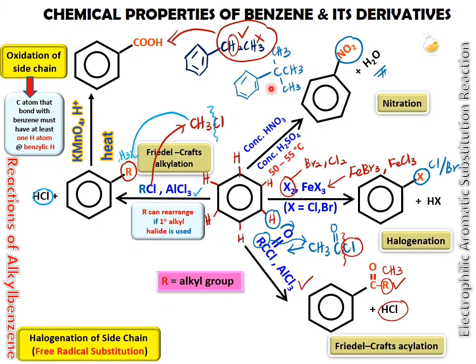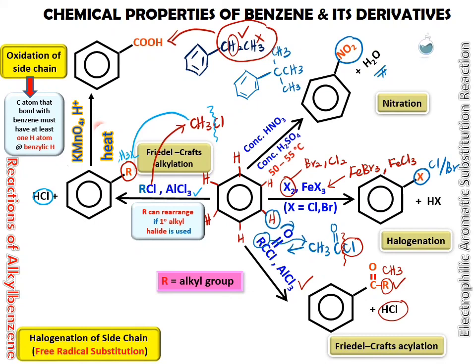So this one, boleh tak? Tak boleh class, because this benzylic carbon, carbon yang bond with benzene, tidak ada benzylic hydrogen. So this alkyl benzene cannot undergo oxidation of side chain. Tak boleh. So what happen? No reaction lah. Nampak class?